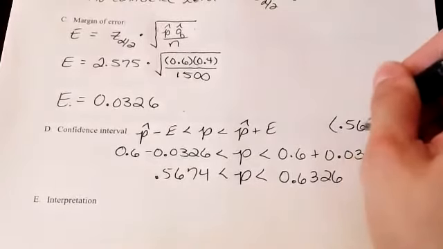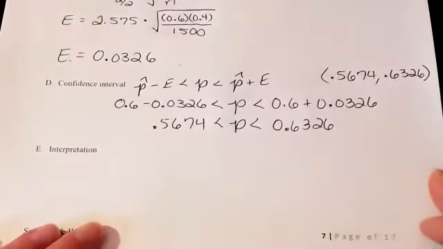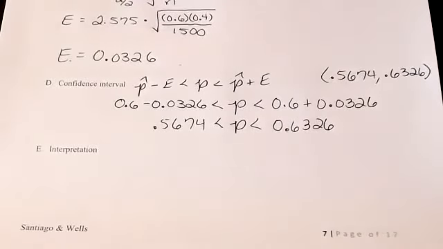We can write our answer in interval notation if our heart desires. So 0.5674, comma, 0.6326. And now we can write our interpretation.